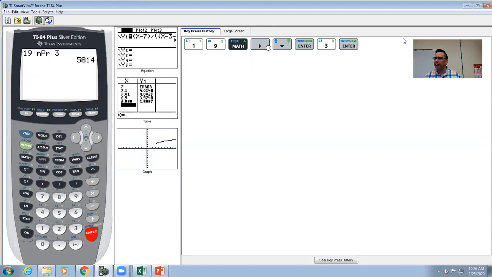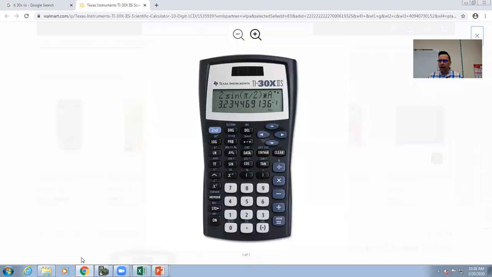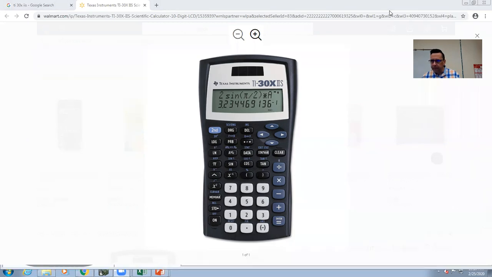If you're using the scientific calculator, here is the scientific calculator again. So you press 19 and then you go into this same PRB. You press that PRB button again, which is right here. Okay, so I'm going to try to do this for you watching the video.